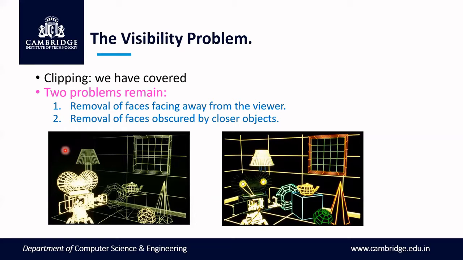I don't have to project an object that is away from my viewing point, which I'm not able to identify. The second part is removal of faces obscured by a closer object. Obviously, if something is behind some objects and is not seen at all, then I do not have to draw it.